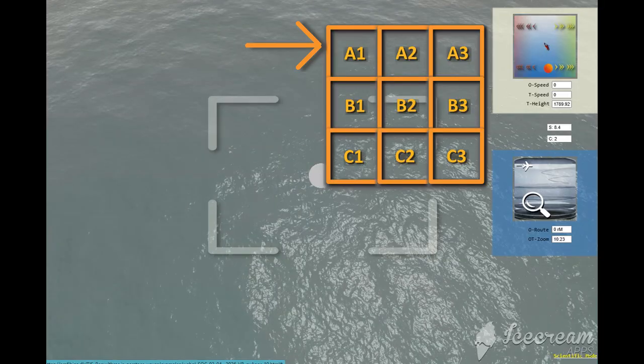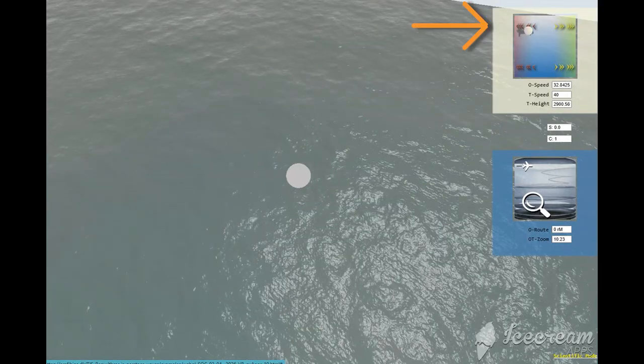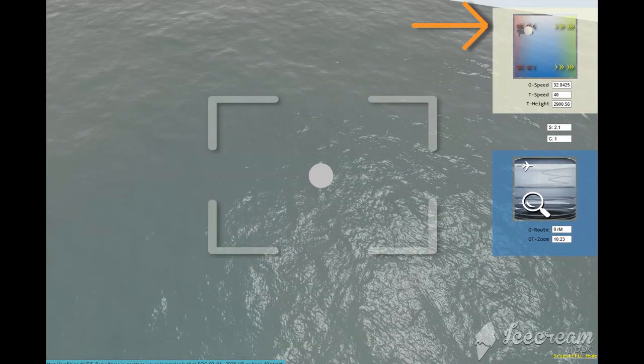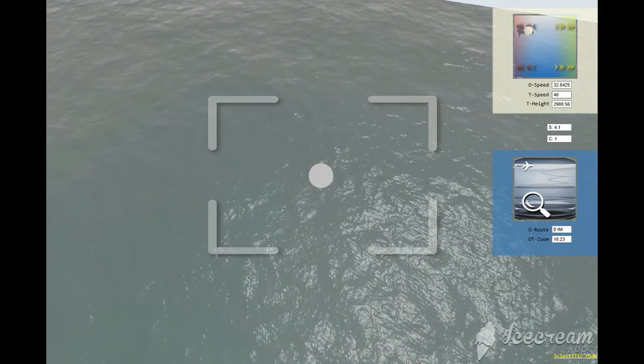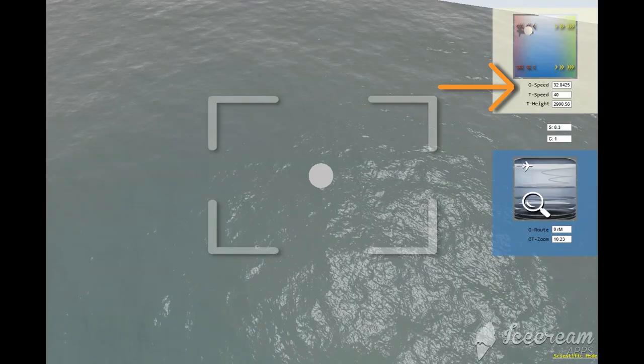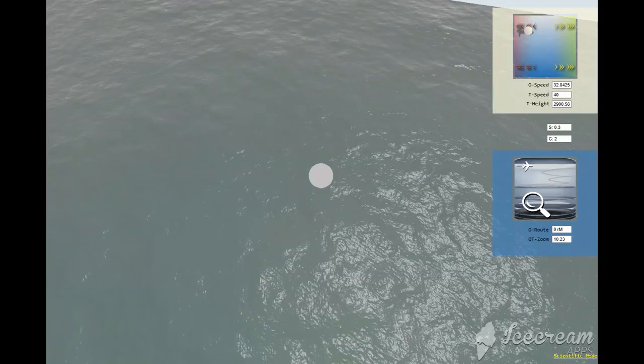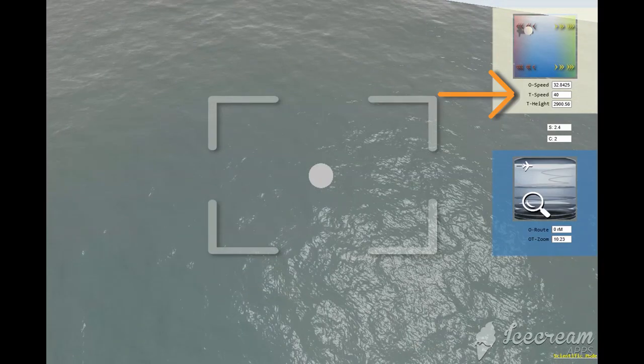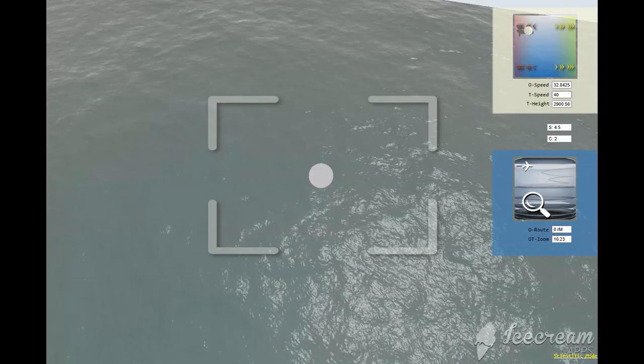And one can now see that we have an object speed, O-speed, at 32.8 kilometers per hour, and then we have a target speed down here at 40 kilometers per hour. These are the two upper text fields.